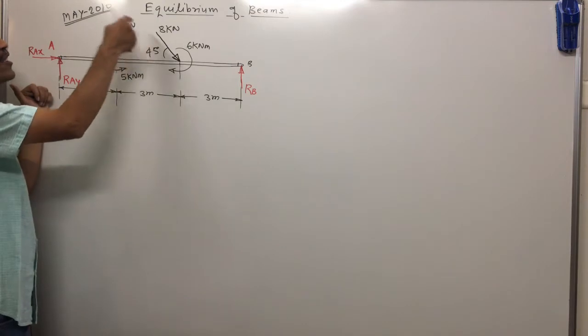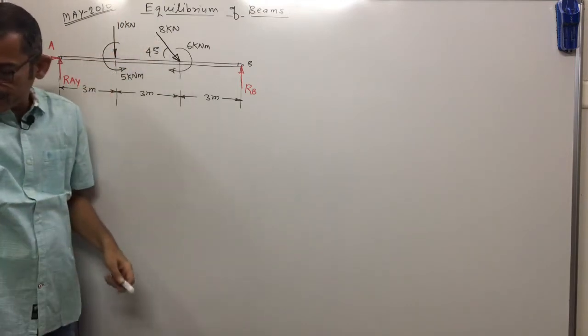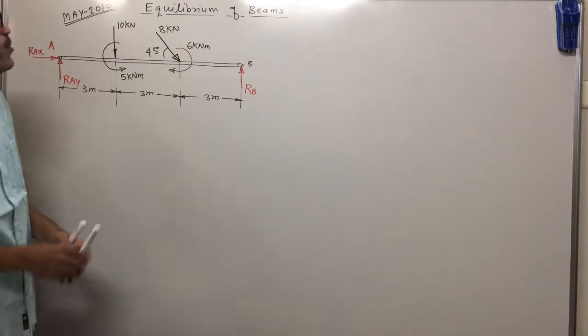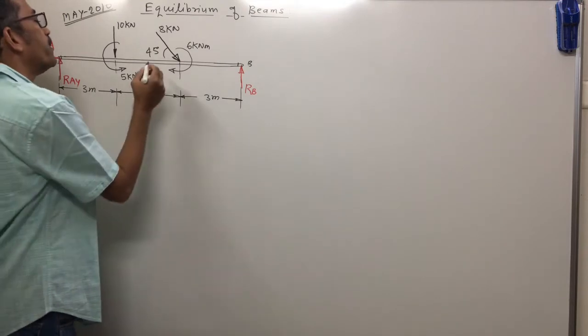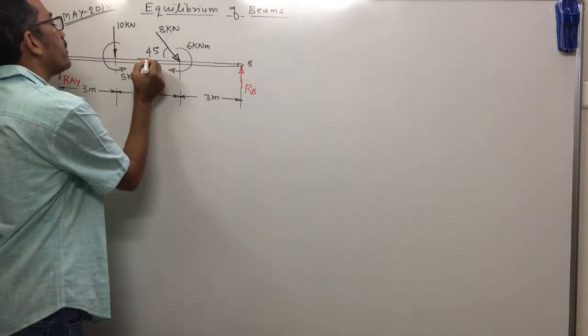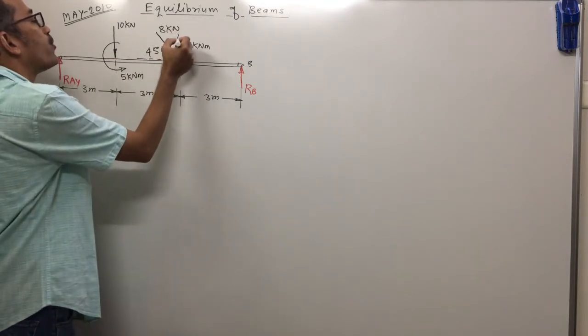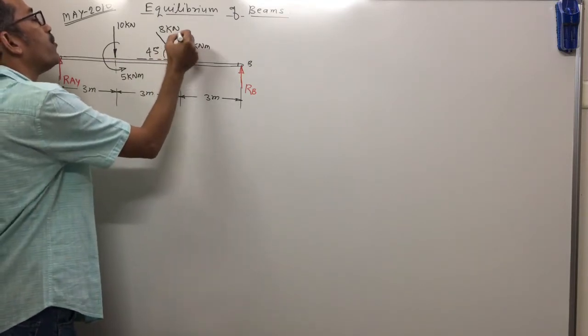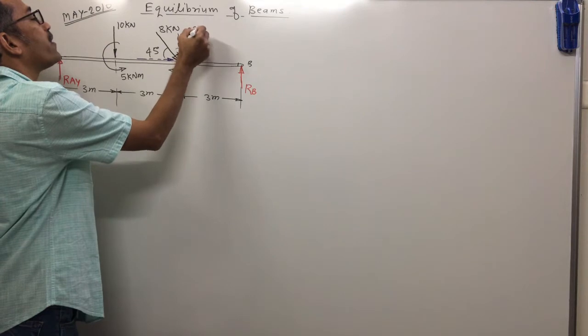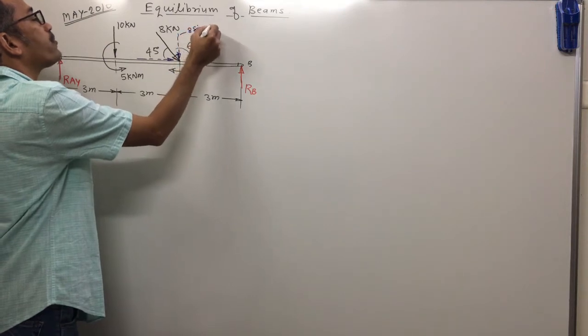How will we take moment of 8 kilonewton? So 8 kilonewton is the inclined force. What we'll do? We'll resolve it into one component horizontal, 8 cos 45, and one component vertical, 8 sin 45.